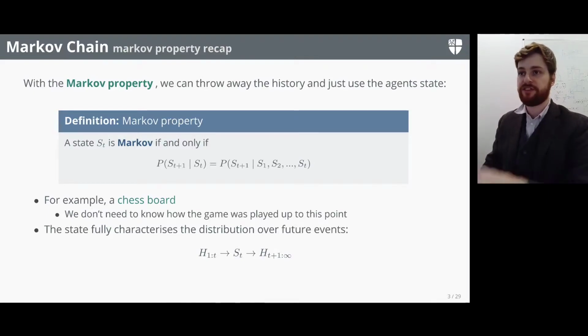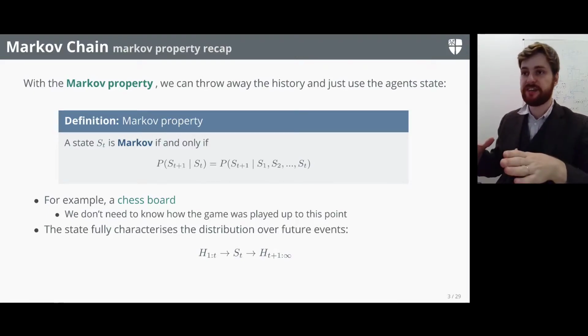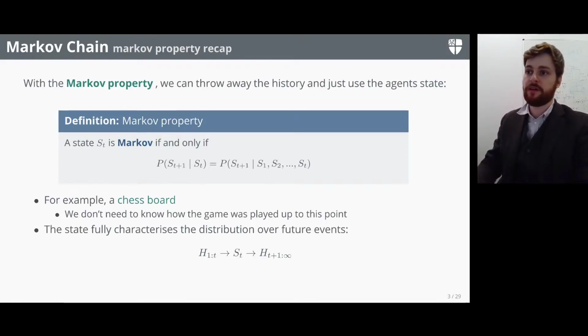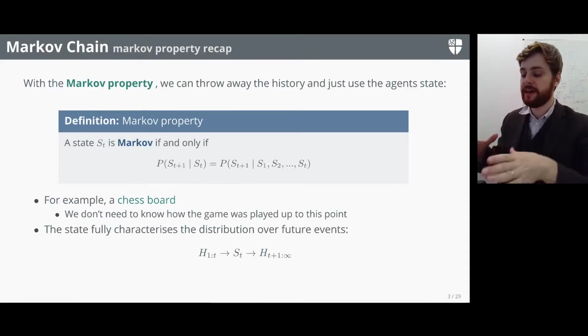For example, if you have a chessboard, just by looking at the chessboard you know everything you need to know about the game to behave optimally from there on. You don't need to know what moves your opponent played or what moves you played up to that point in time.